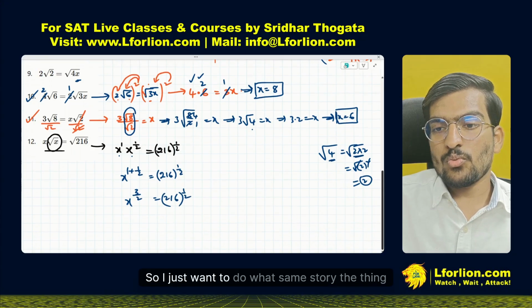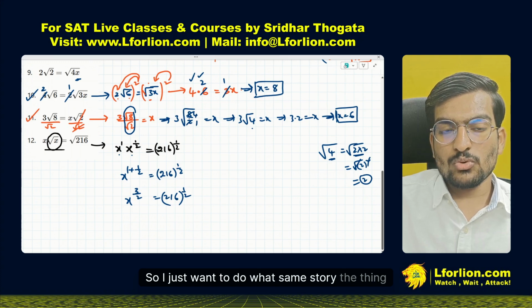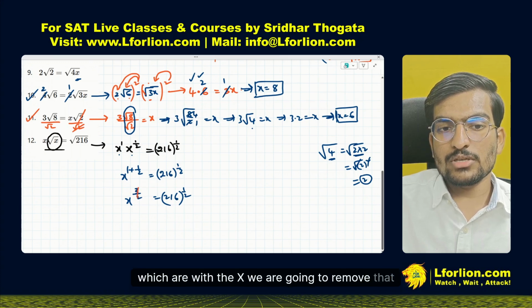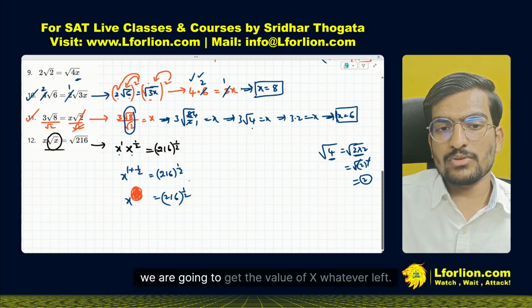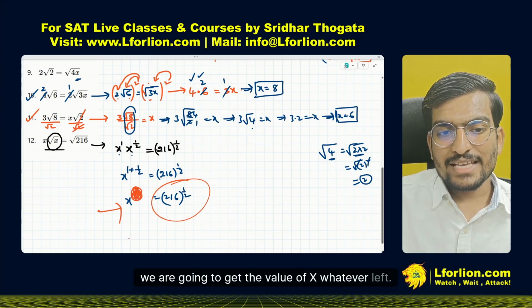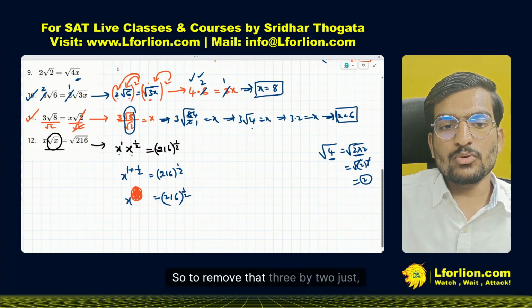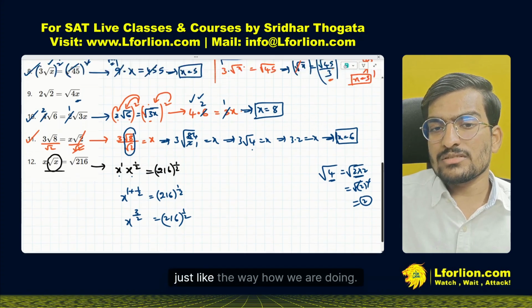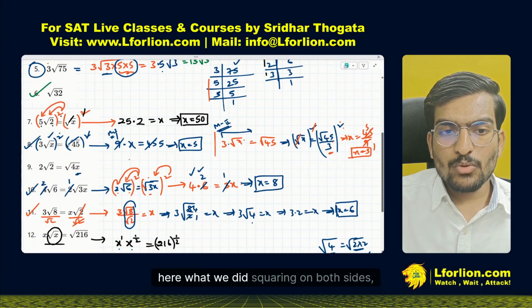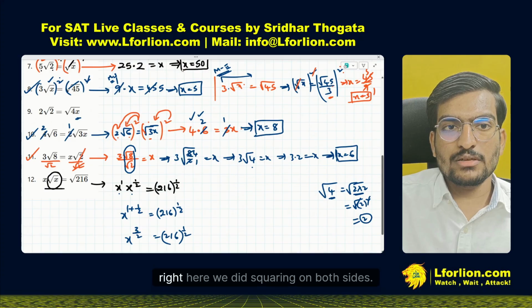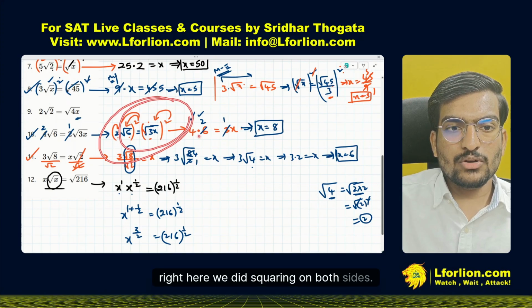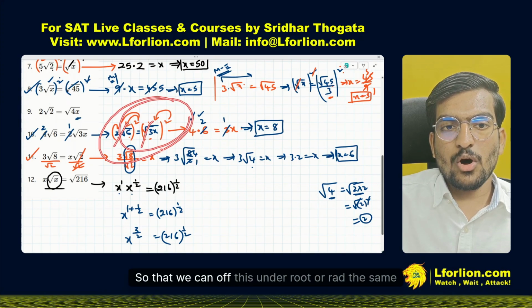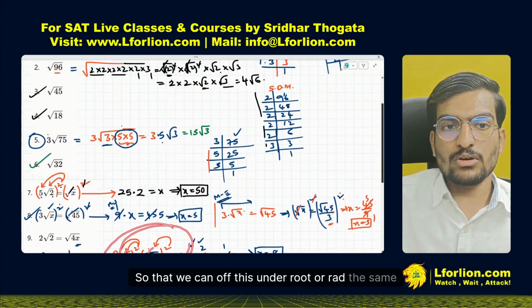So what do I want to do? Same story. The thing which is with the x, we are going to remove that part. If we remove this part, we get the value of x, whatever is left. To remove that 3 by 2, just like the way we did here, squaring on both sides, right? Here we did squaring on both sides so that we can get rid of this under root or radical.